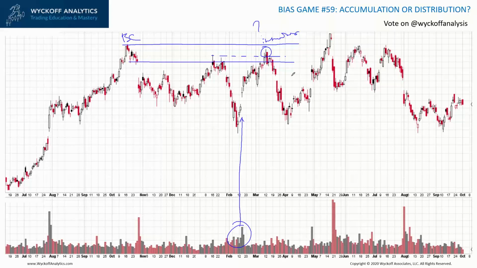Again, this is very suspicious. Even though it looks bullish, it acts actually bearish. There is a lot of effort to push the price up, yet it doesn't really make a big bullish case for us. So it looks bullish, acts bearish.